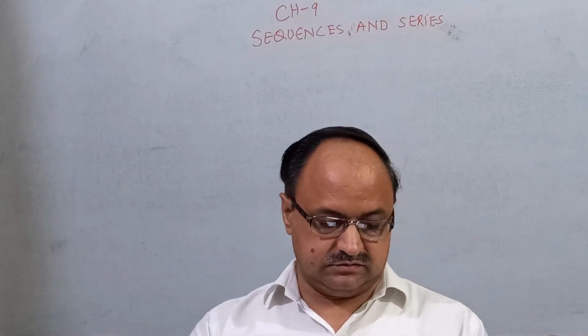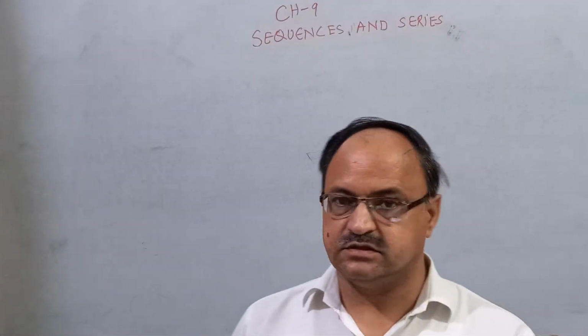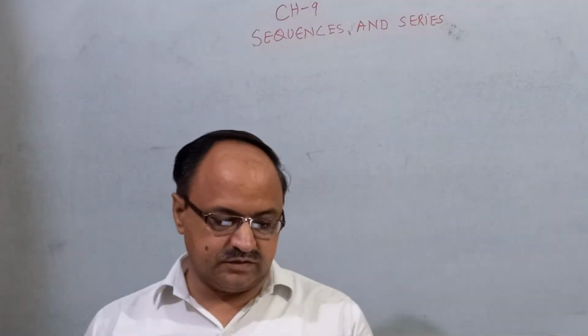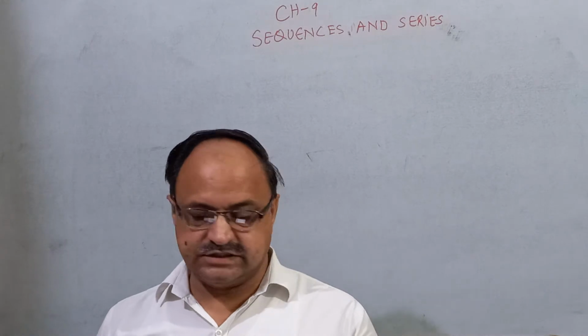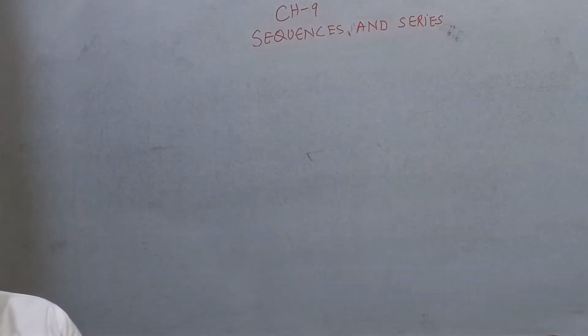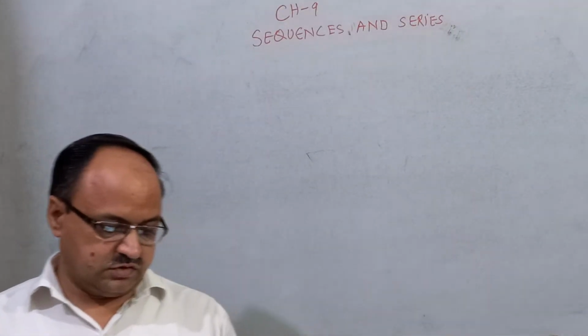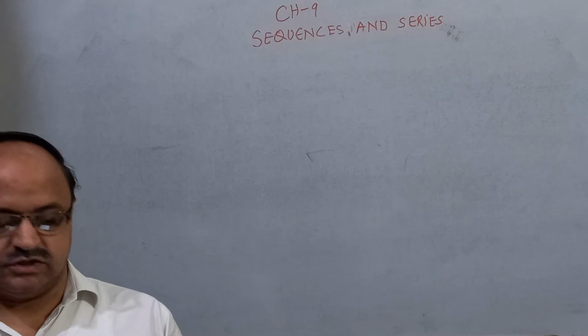What is the question? The sum of two terms is 6 times their geometric mean, and show that the numbers are in the ratio 3 plus 2 root 2 and 3 minus 2 root 2.